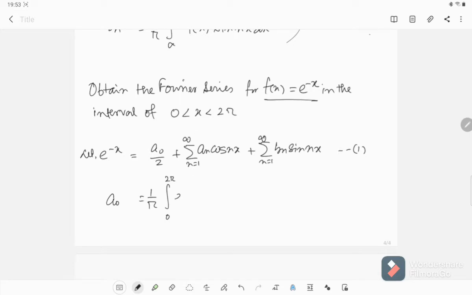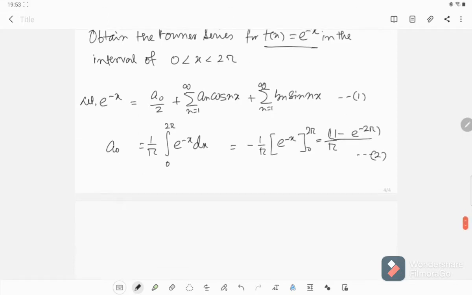So f(x) dx, that is e to the power minus x dx. We have to perform the integration, that would produce minus 1 by pi of e to the power minus x from 0 to 2 pi. Okay, so it is minus, that would be producing 1 minus e to the power minus 2 pi. So let's give it equation number 2.